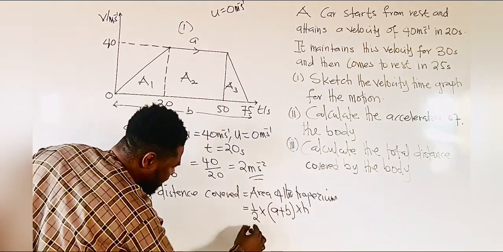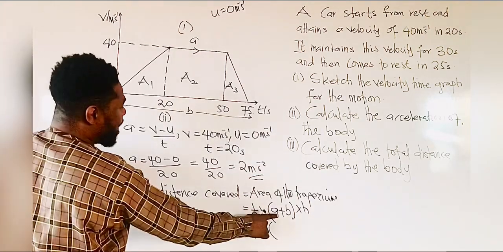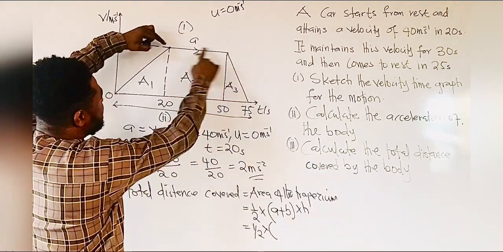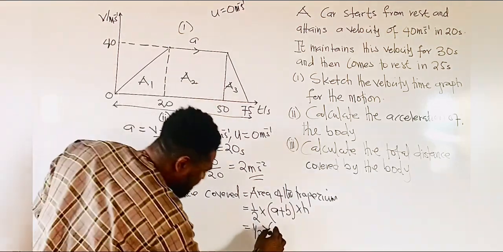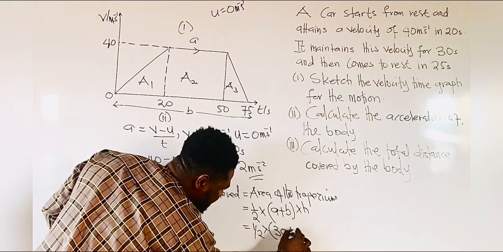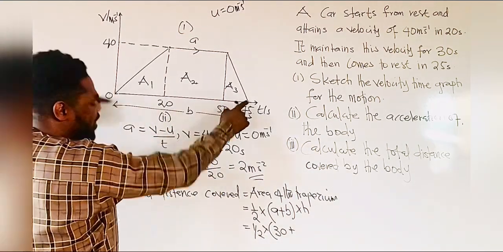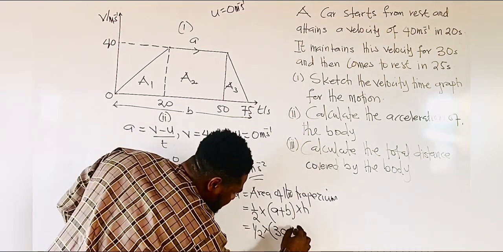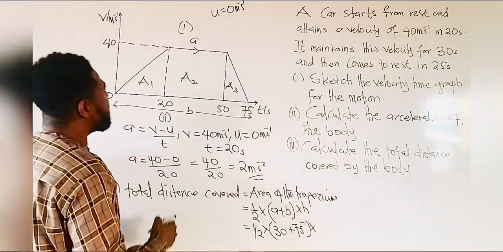So let's see how we can fix our values into this formula. Our a is the distance from here to here, which will correspond to the difference between the 50 and the 20, which is going to be 30. And also our b is from the 0 to the 75, and the distance there is going to be 75, times our height.